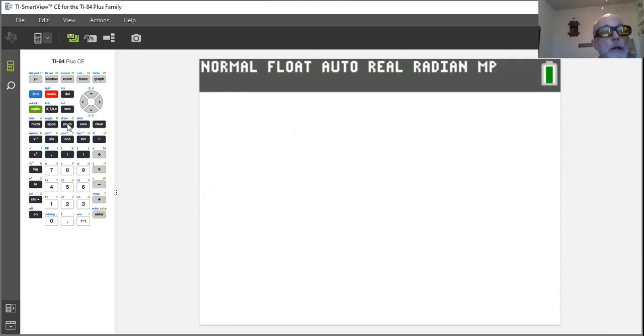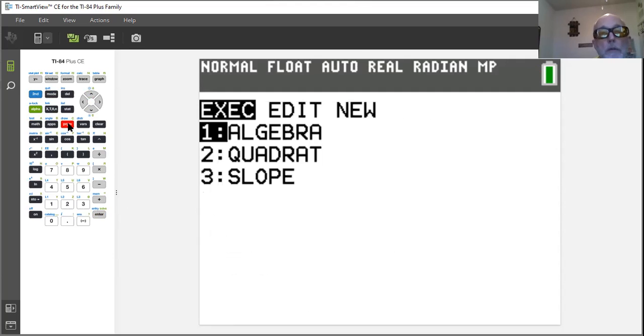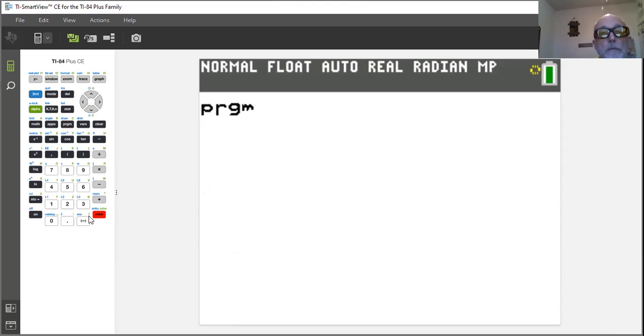Now then, we're going to try it out. Program. So we got to go down to quadrat and hit enter. And enter one more time. Okay, so remember, what are we trying to do even? We're trying to find the quadratic answers. So it says, what is A?